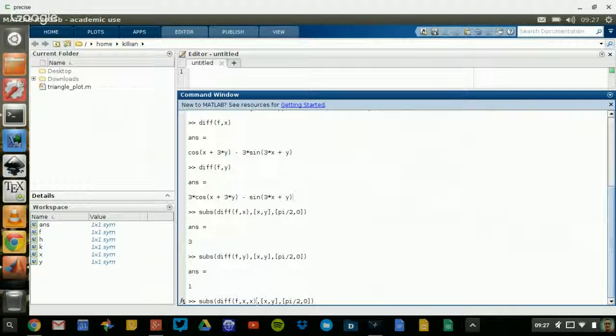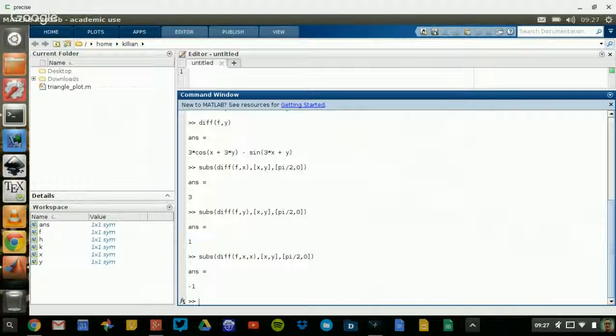So diff f xx will take the second order partial derivative of f with respect to x, and substitute in these values pi over 2, 0 for x and y, and then it will evaluate that symbolic expression at them. That's what the subs command is doing. So you get the minus 1. That minus 1 is the minus 1 that's appearing in front of h squared for the second order term in the Taylor series there.